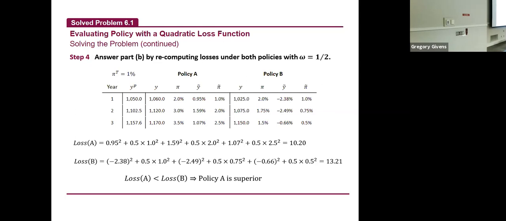Many economists think that the Fed's true preferences are more asymmetric, meaning that negative output gaps are more painful than positive output gaps. Positive inflation gaps are more painful than negative inflation gaps, right?